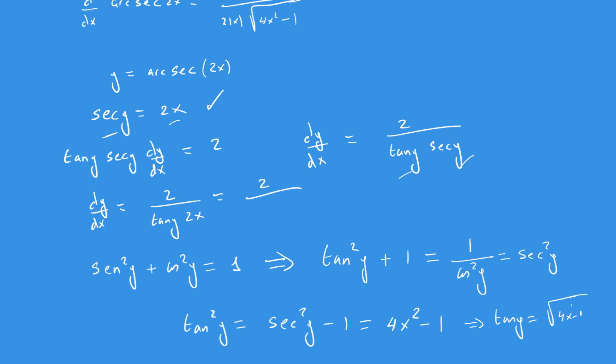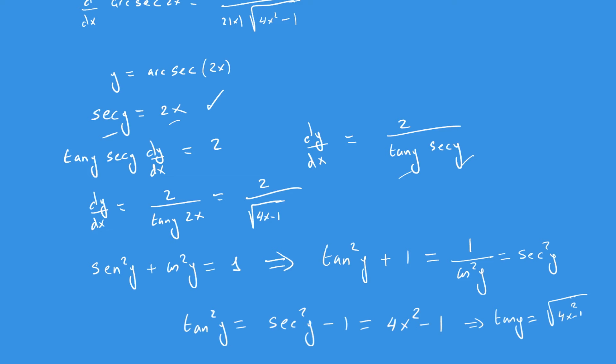Be careful that this is valid when 4x squared minus 1 is positive. So it has an x value that you have to calculate, but let's leave it here. So it will be tangent y, the square root of 4x squared minus 1.